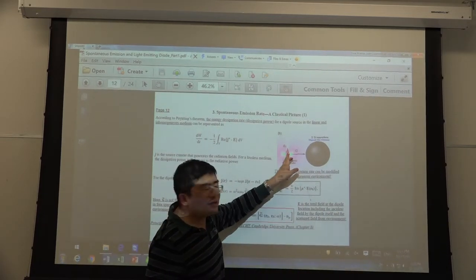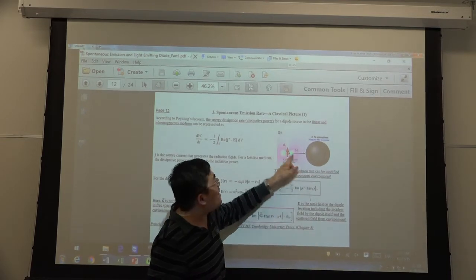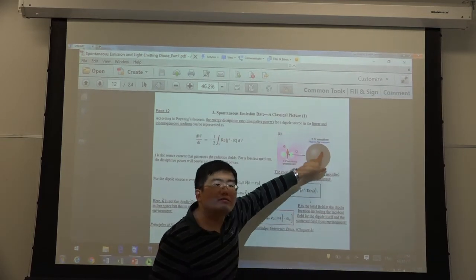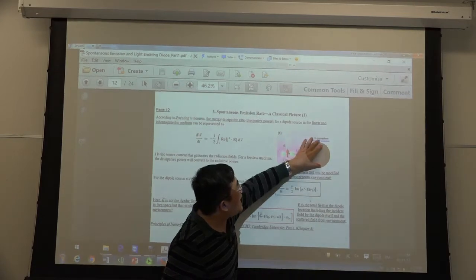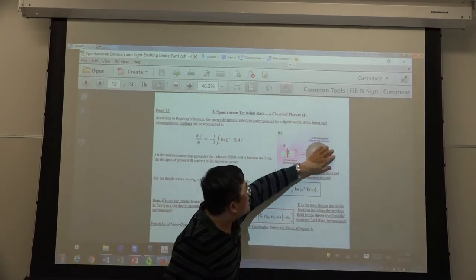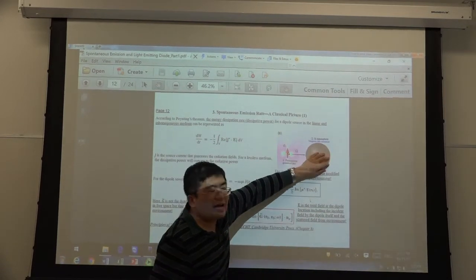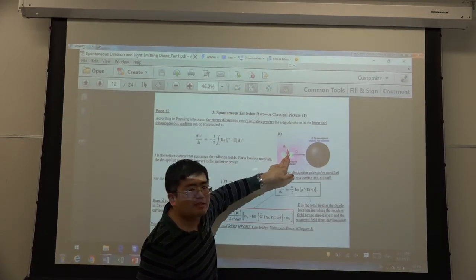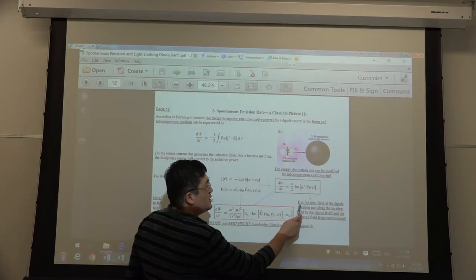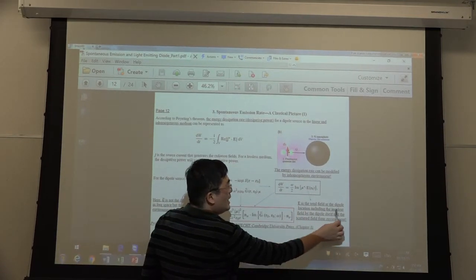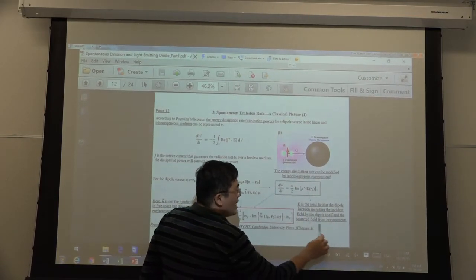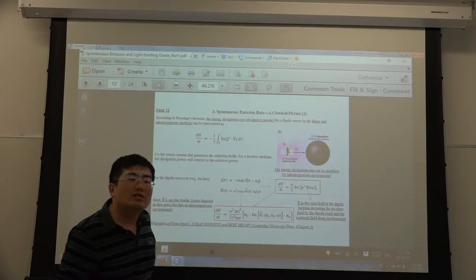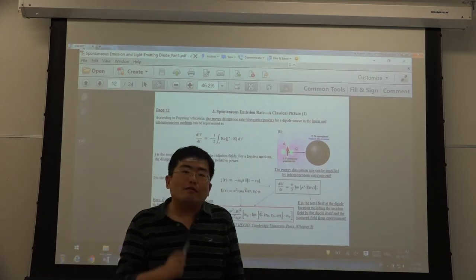One part is the incident field from the dipole source, and another is the scattered field from this sphere. Because the incident field excites the scatterer, which is resonant, it emits some scattered wave to change the field at this dipole position. So this E field is the total field, including the incident field from the dipole and the scattered field from the environment.